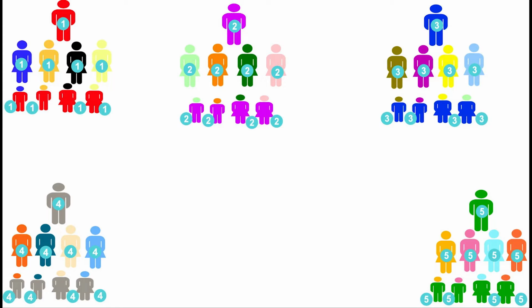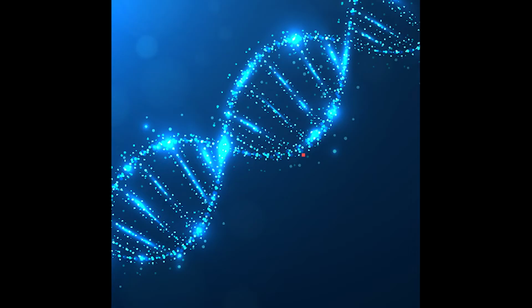You will also notice that the body of each child is the same color as their father, whereas the heads are the same color as their mother's. To understand how the genes are passed on, be sure to watch my video about polygyny and the gene pool.